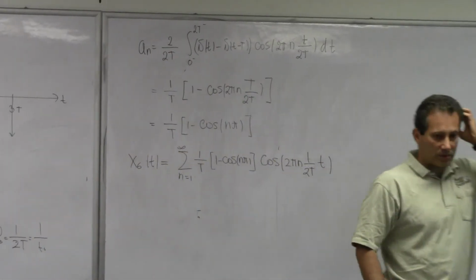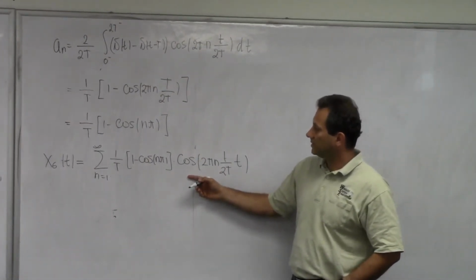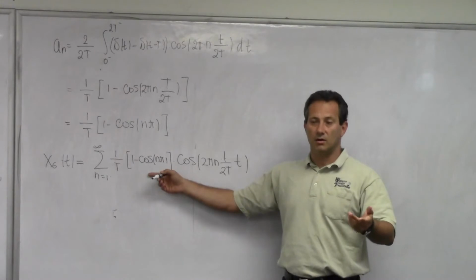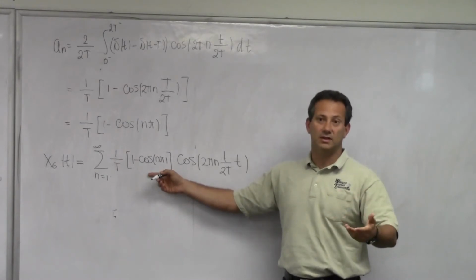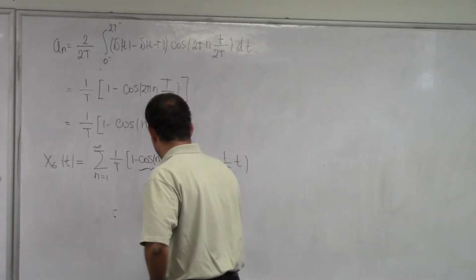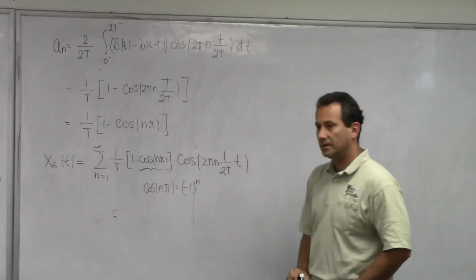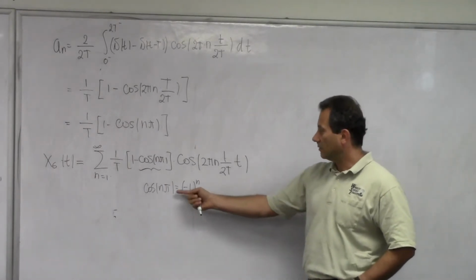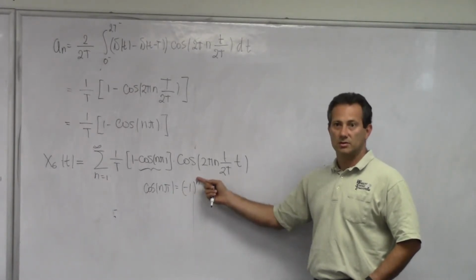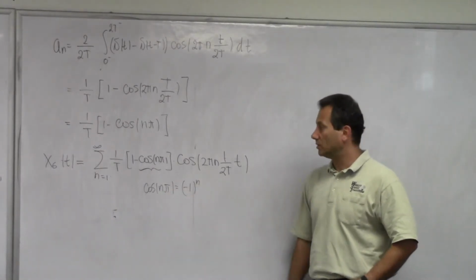A lot of times in the books they make this look even fancier. You can realize that cosine of n pi alternates. For n odd it is -1, for n even it is equal to 1. Generally, we know the identity that cosine of n pi is equal to -1 to the n. You can check it: when n is equal to 0, cosine of 0 is 1, and -1 to 0 is 1. When n is equal to 1, cosine of pi is -1, and so on. So it is true.